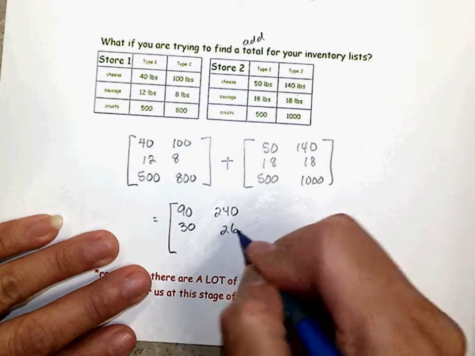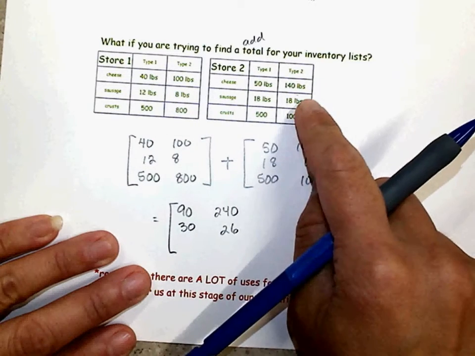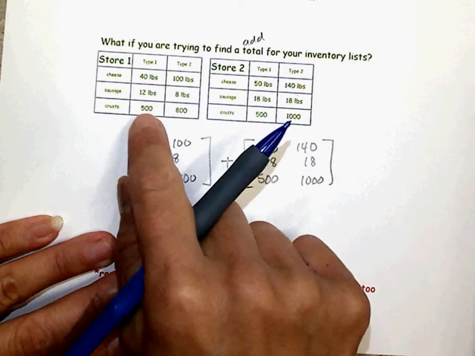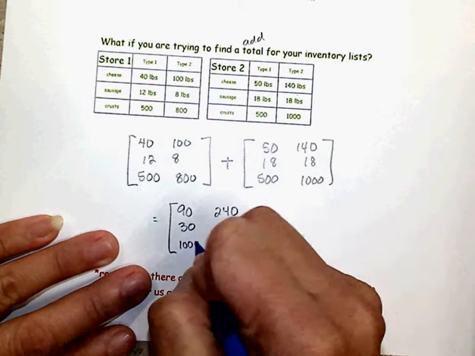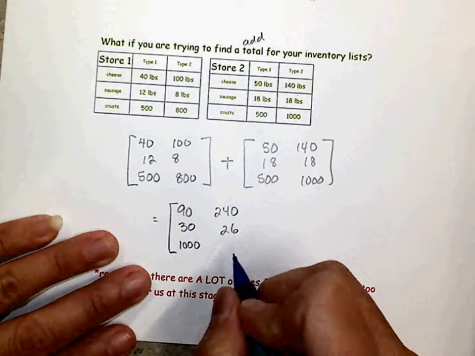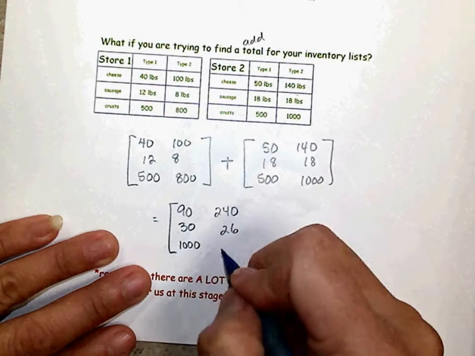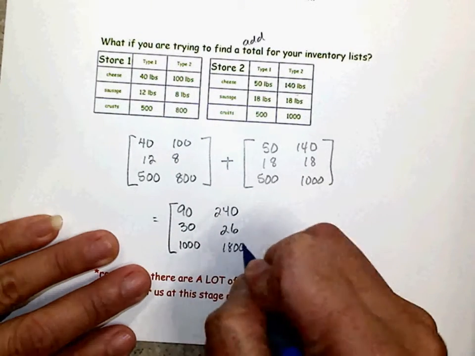Let's look at the crust. 500 plus 500 is 1,000. Type 1 crust. 1,000 plus 800, or 800 plus 1,000 is 1,800 crust. Okay? So that's your total for store 1 and store 2.